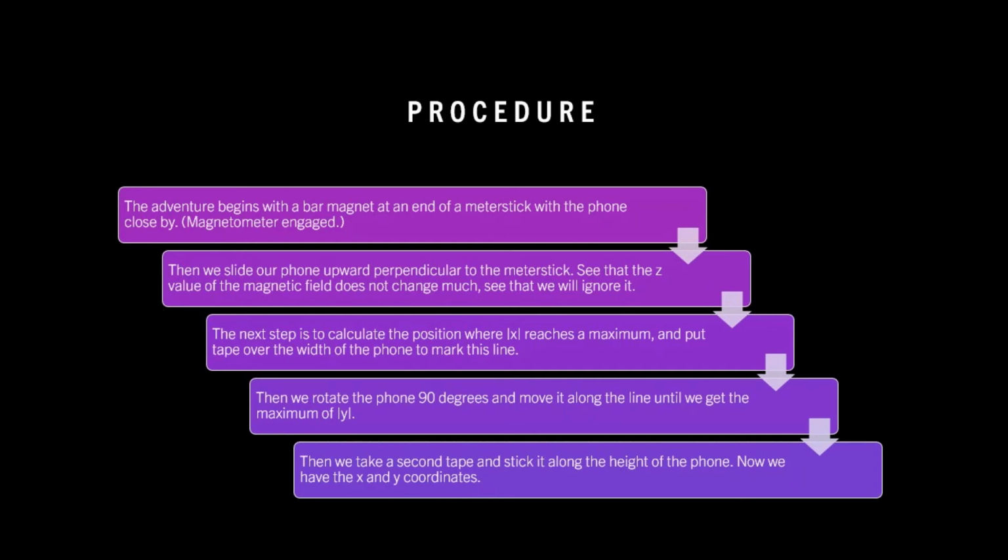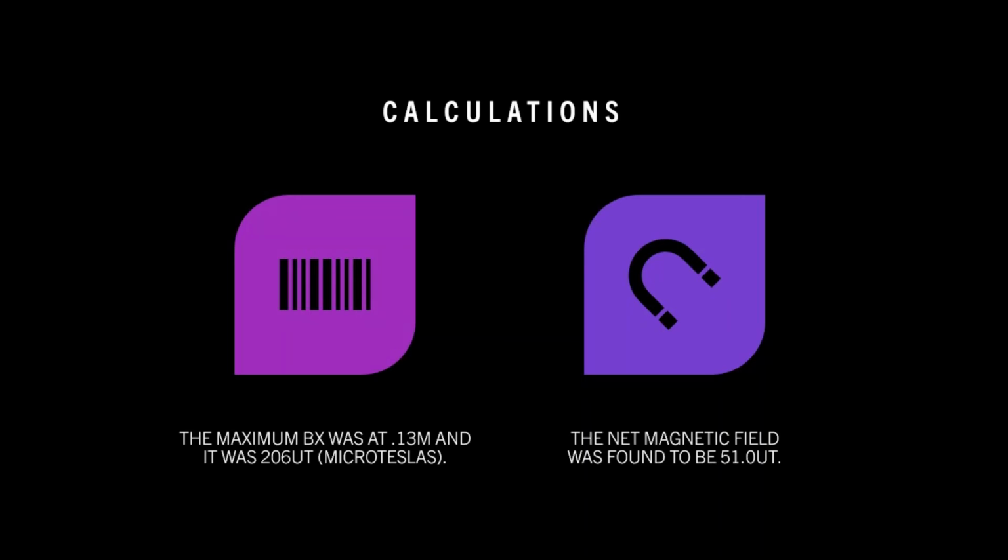Then rotate the phone 90 degrees and we move it up along the meter stick until we see a maximum Y value. In other words, it starts decreasing, then we move it back and put another tape. So we got an X with the tape, and X marks the spot where we find the maximum. We'll plug those values into the equation.